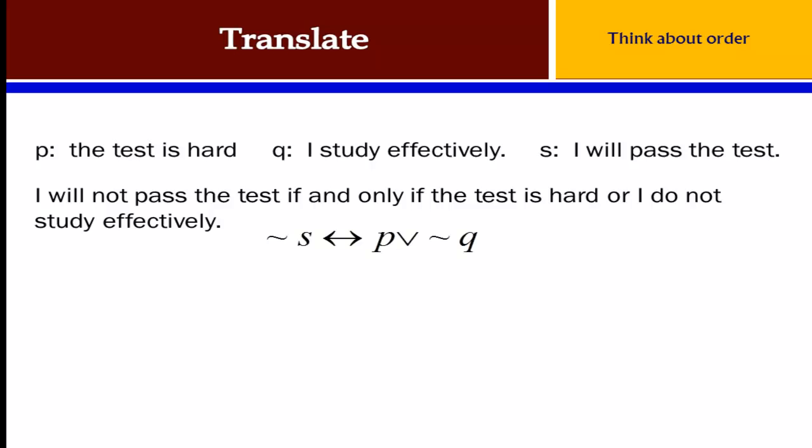I will not pass the test is the negation of S. If and only if, the double arrow symbol. The test is hard, statement P. Or, I do not study effectively, the negation of Q. So, because this sentence has no commas in it, and the statement has no parentheses, we would have to follow the dominance of connectives to really write this the proper way.